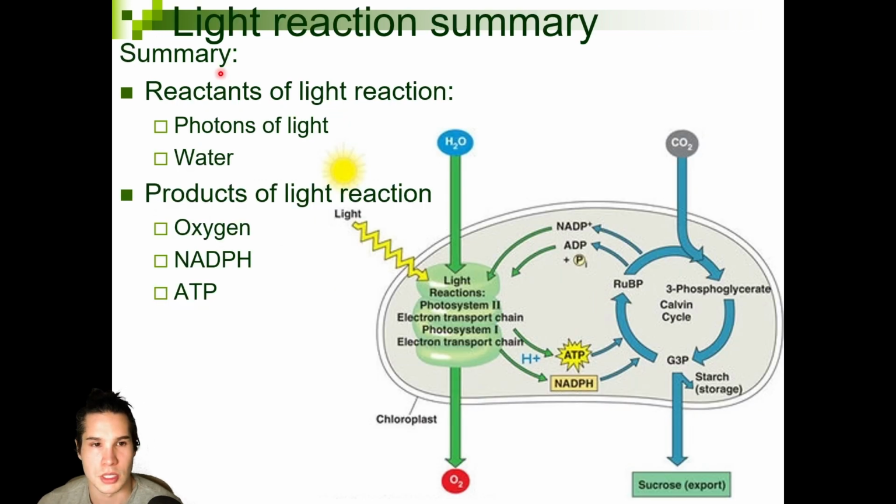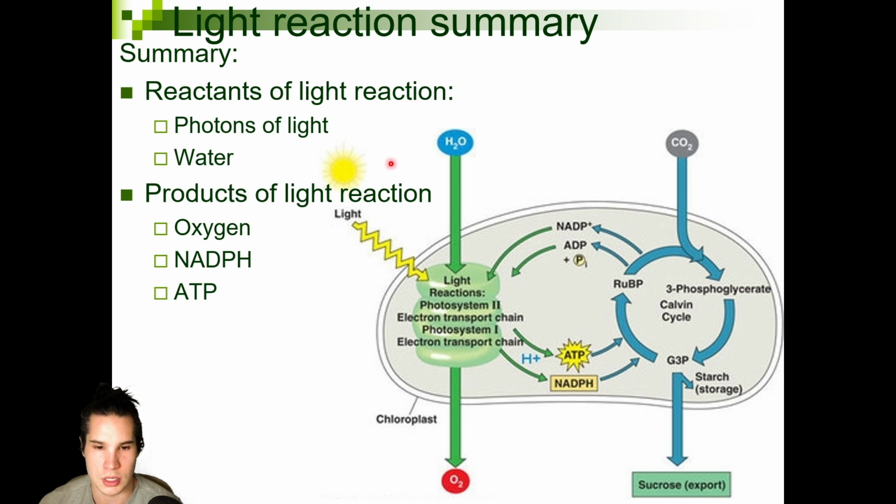Okay, so we just talked about all of the details of the light reaction. The reactants that go into the light reaction are photons of light as well as water. So the two things utilized within the light reaction are photons, or light energy, as well as water. And what we're producing through the course of the light reaction is oxygen as a byproduct, NADPH, which is used in the Calvin cycle, and ATP, which is also used in the Calvin cycle.